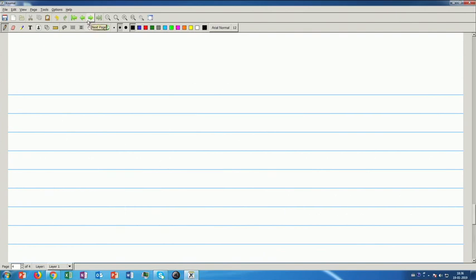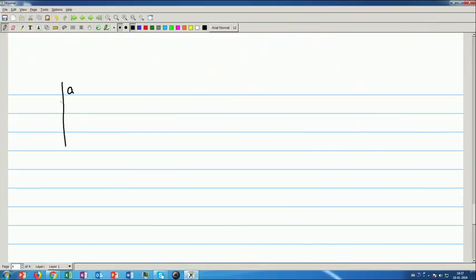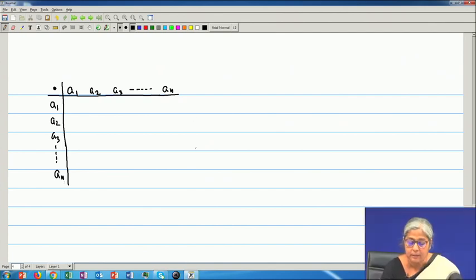So, I can write in this way, the matrix will be like A1, A2, A3 up to An, the operation we give here, and then again A1, A2, A3 up to An, and this is an n by n matrix.